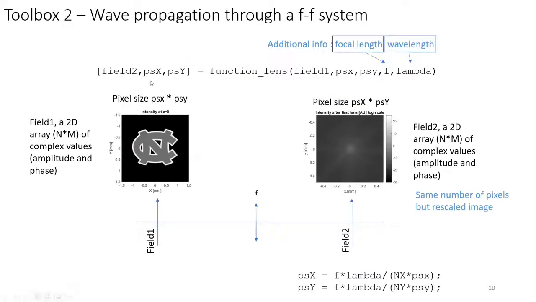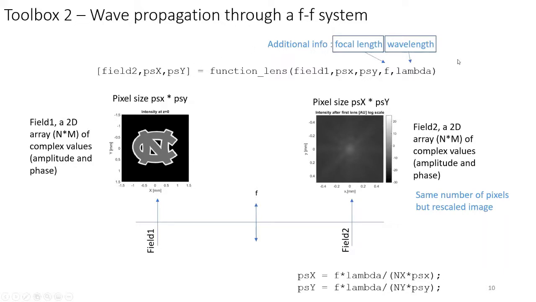We did so just to simplify the operation. Instead of just calculating the Fourier transform, we also calculate the new pixel size in X and Y to give you a realistic rendering of what you would see through a lens. You can take an input field, field 1, and specify its pixel size in X and Y. That gives you a realistic description of what the physical space size represents.